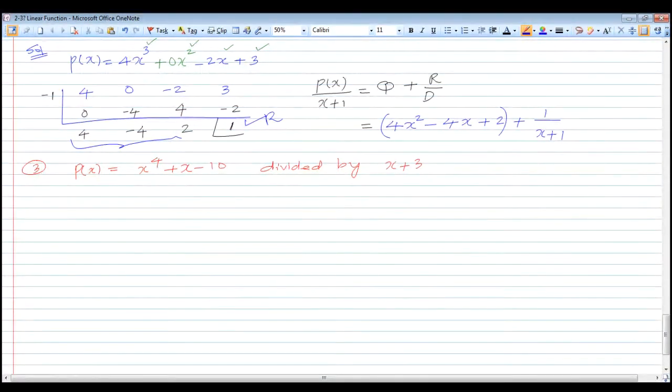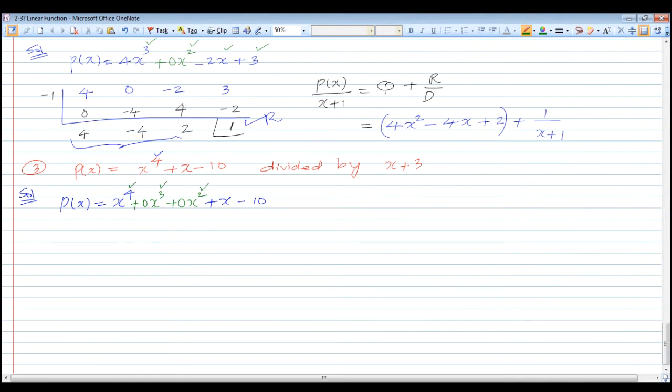Now what happened here? I write the missing terms first. Is there any missing term? X power 4 is present, but x power 3 is missing and x power 2 is missing. So p of x is x power 4 plus x minus 10, and for the missing terms I write 0x power 3 and 0x square. Now if you see, it is in the order 4, 3, 2, 1, constant.